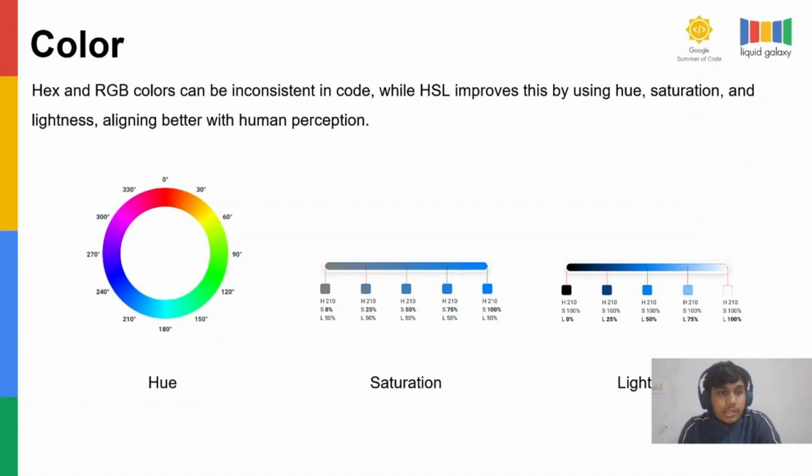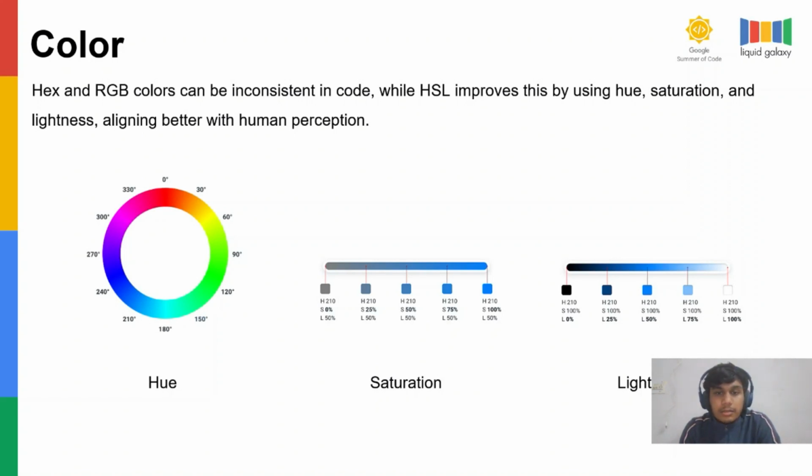So hue, as you can see here, is basically to decide the base color that you want to impart. If you want to use red, you can use 0 degrees, if green then 90, and so on. You can just refer to this color cycle and make changes accordingly.